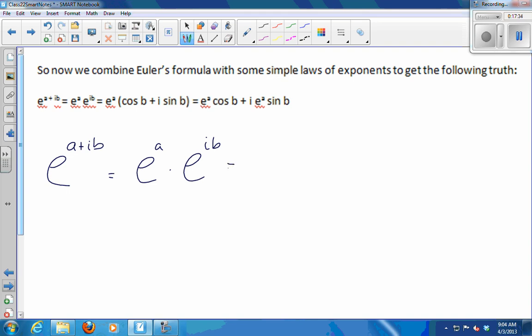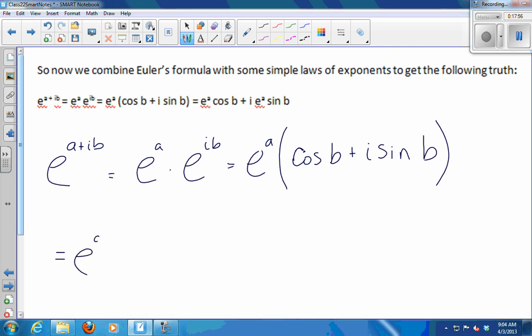All right, so now I have e to the a. Apply Euler's formula to e to the ib, right? Because e to the i theta was cosine theta plus i sine theta. So this is cosine b plus i sine b. And then you can just distribute the e to the a.